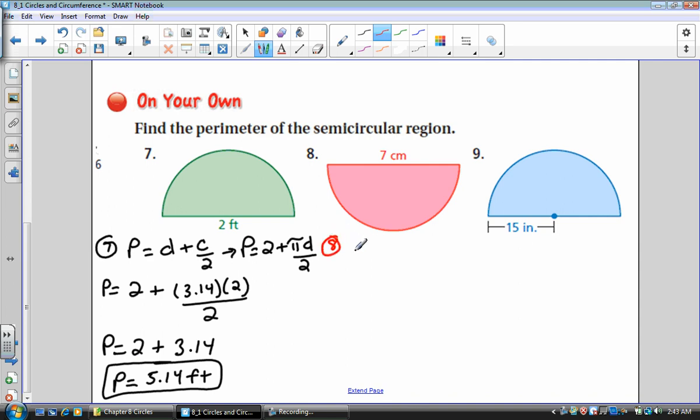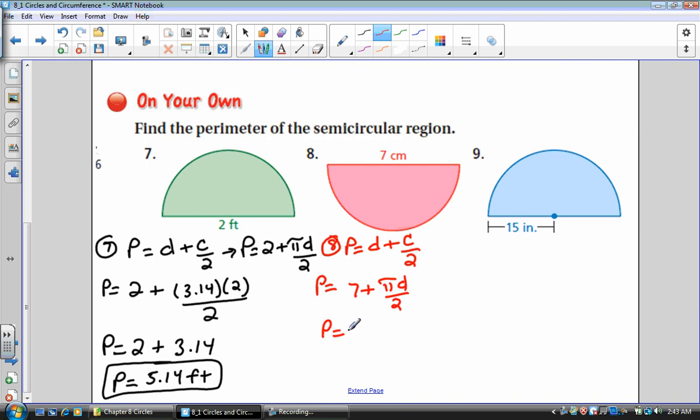Write the formula. Perimeter is going to be equal to the diameter plus the circumference over 2. So the perimeter is going to be equal to that diameter, which is 7, plus the circumference, which is going to be pi times the diameter over 2.